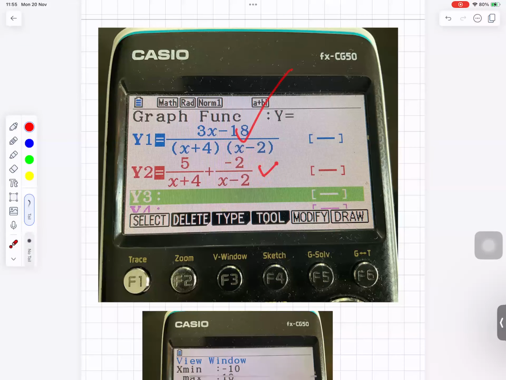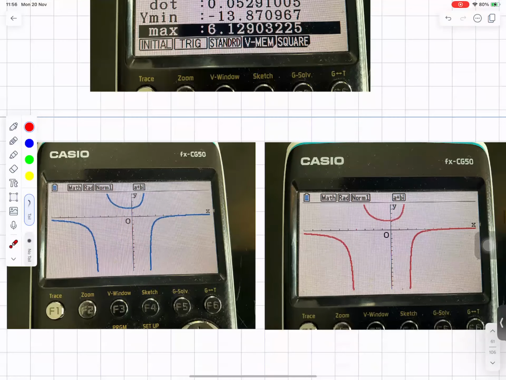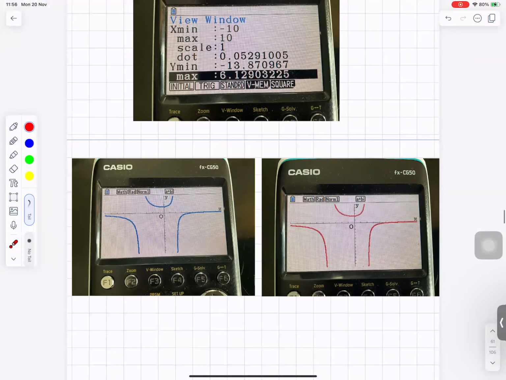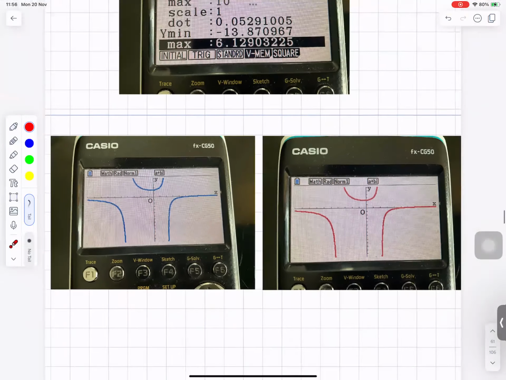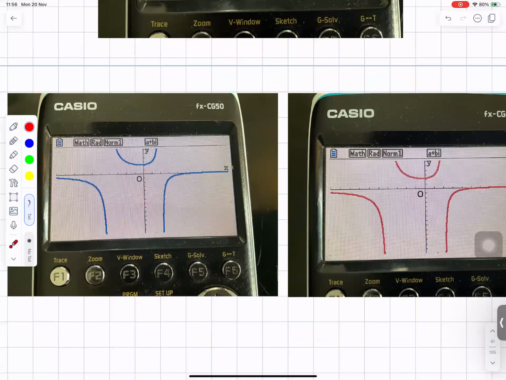So we've got the 2 graphs in the calculator. The left-hand graph, and the other one, which is the 2 of them. Let's see if they're exactly the same. So when you draw it, you will see the graph and you will see the other graph.